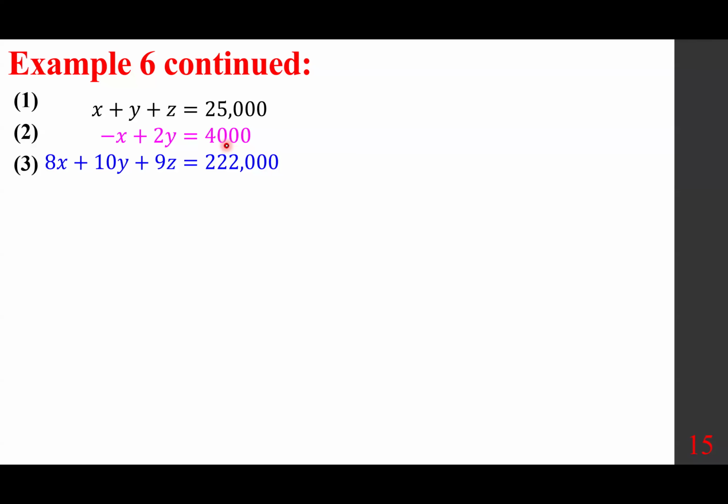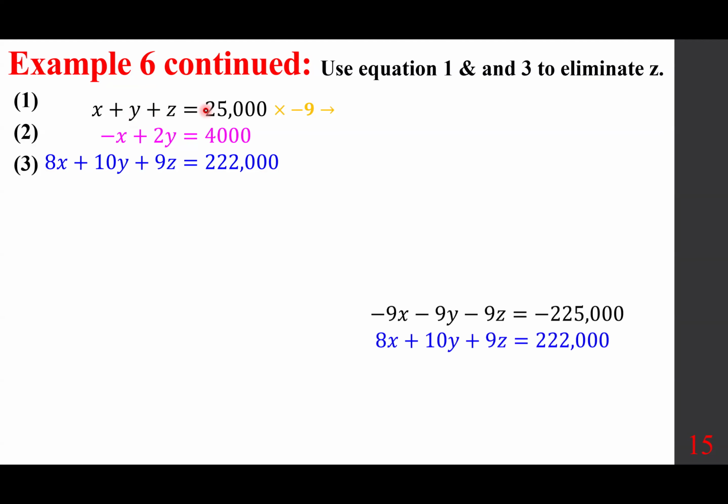So we decide to get rid of the same variable, which is z. This one has 9z. So I need negative 9 here, times negative 9. So use equations 1 and 3 to eliminate z. We're going to multiply by negative 9, which means you're going to repeat number 3 unchanged. This one, 9x, becomes minus 9x, minus 9y, minus z, 9 times 25, 225, so minus 225,000.